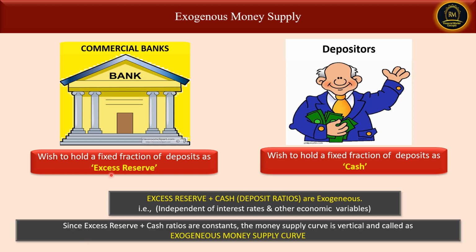Since the excess reserve and the cash are constant, independent of the rate of interest, the money supply curve is a vertical straight line and is called the exogenous money supply curve.